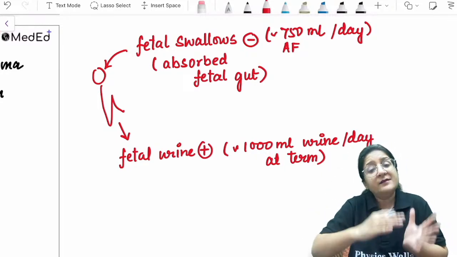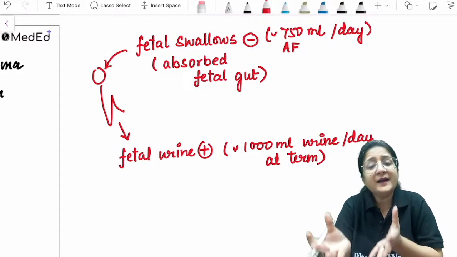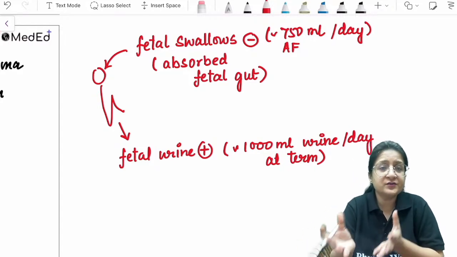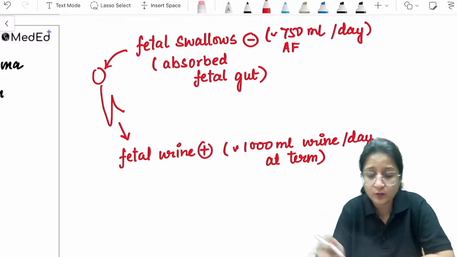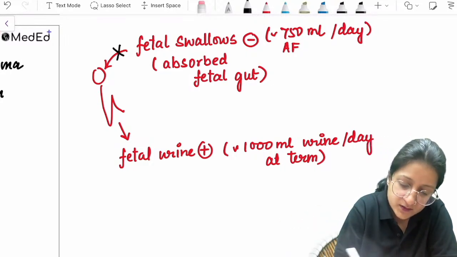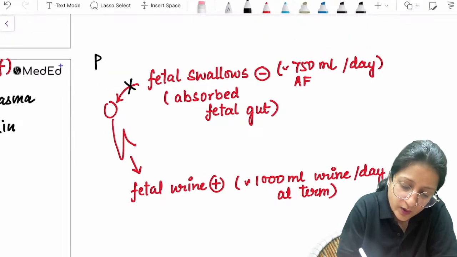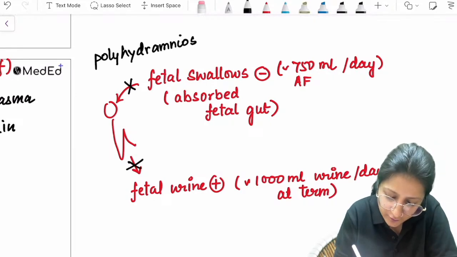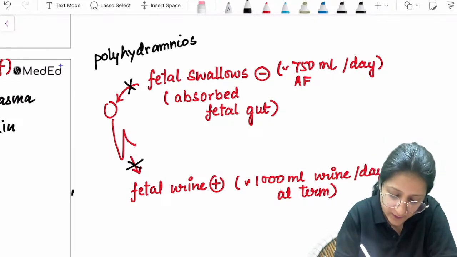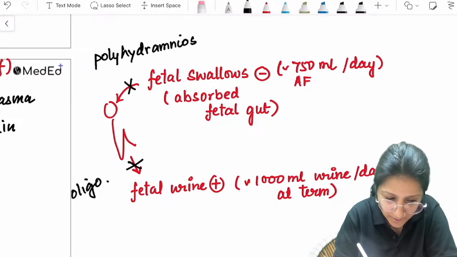What will that lead to? If the fetus can't swallow, it will lead to polyhydramnios. If the fetus can't form urine or the urine doesn't come out, it will lead to oligohydramnios.